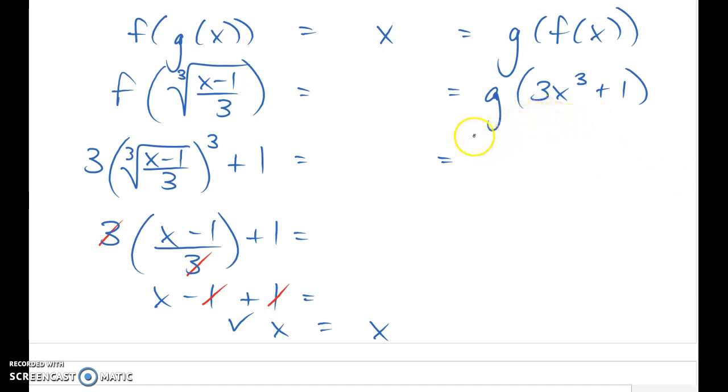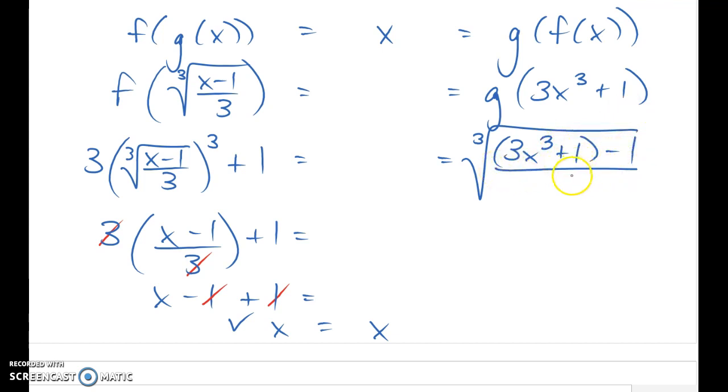The g function was cube root, and it was x minus 1, so the quantity x I'm going to now write is 3x cubed plus 1, and then that's minus 1 all over 3. Again, this entire quantity is the substitute for x into the g function. Now we go ahead and simplify. Now, I could get rid of the parentheses in the previous step, but I think I'll do that now.